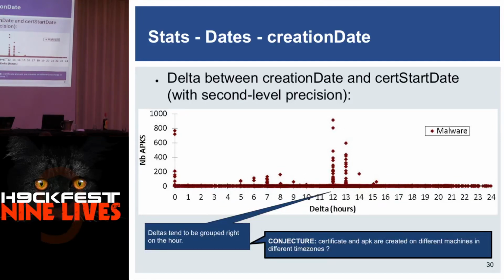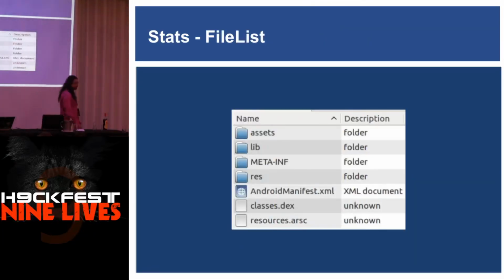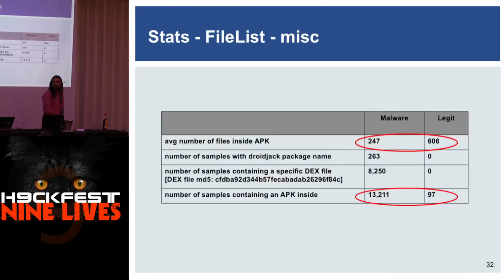So there's going to be an hour gap, a few hour gaps between those times, with maybe sometimes 1 second because we've got a network glitch that took longer to upload our stuff. I'm looking for a smarter explanation, but this is data that is really interesting to look at. Then there's the file list.